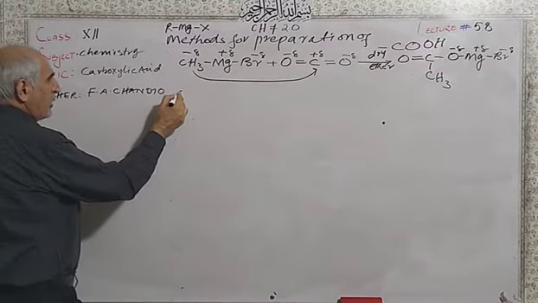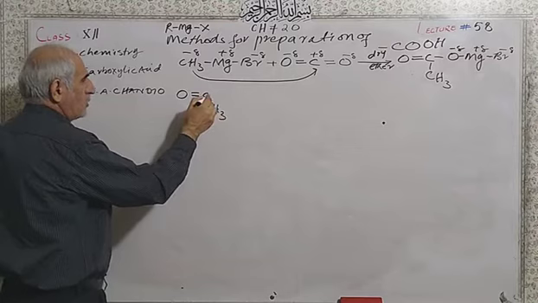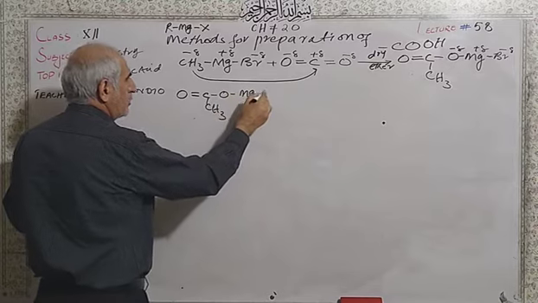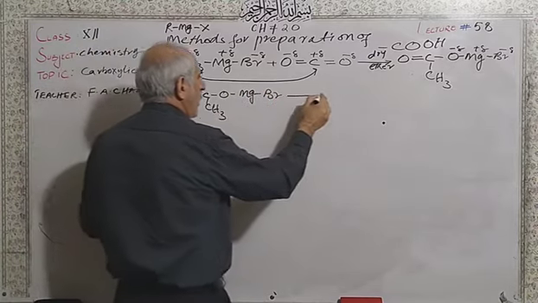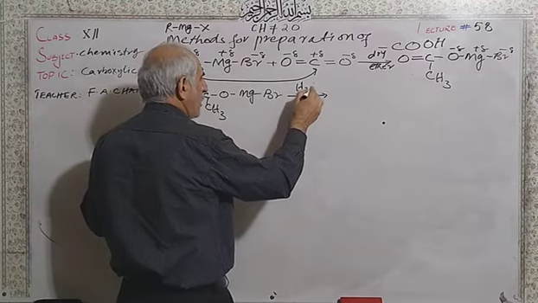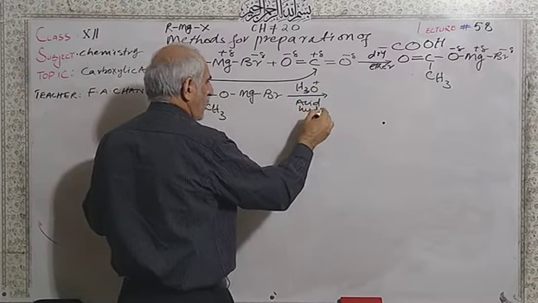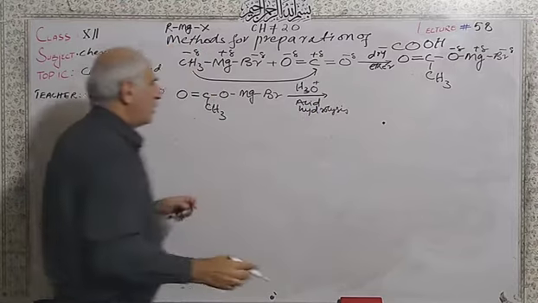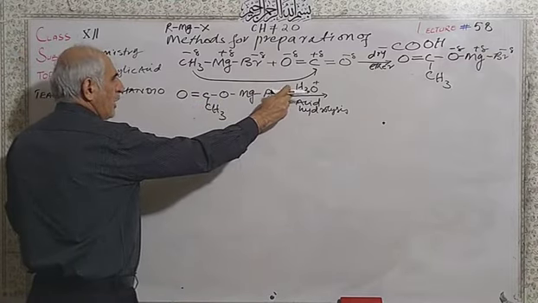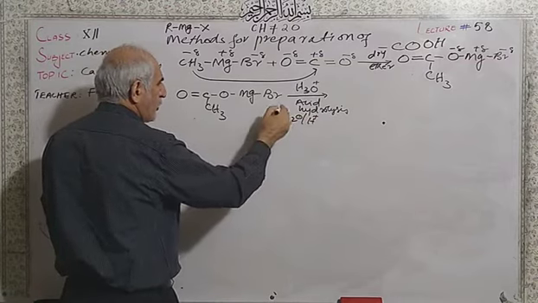When this intermediate product undergoes acid hydrolysis, it means you have to remove magnesium bromide and add hydrogen ions, protons.